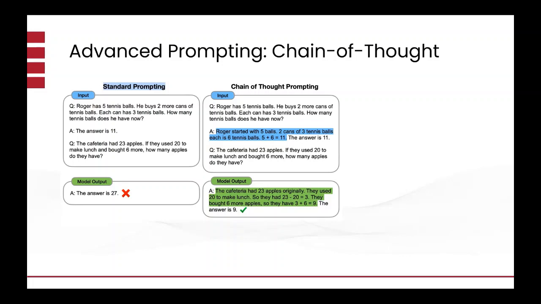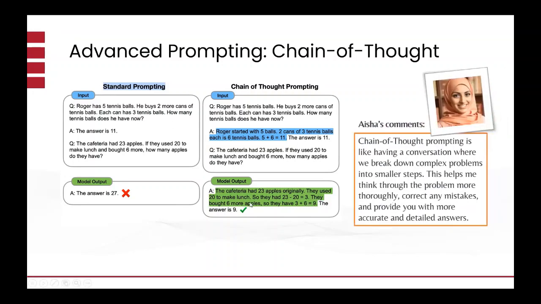So 5 plus 6 is 11, and the answer is 11. So these are the intermediate steps. And then we ask the actual question, and you see what happens next. It's something magical. The model replicates the thinking pattern from this example. And you can see that the answer is now correct.